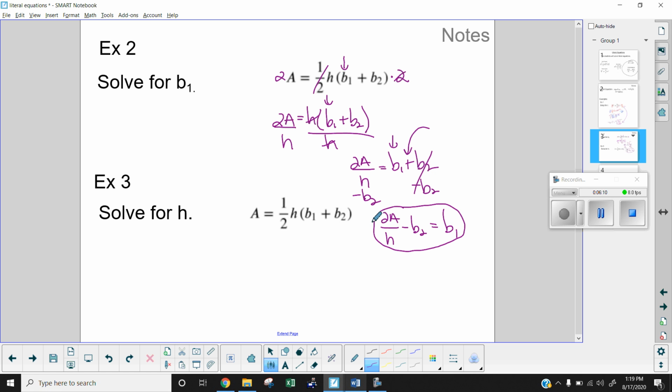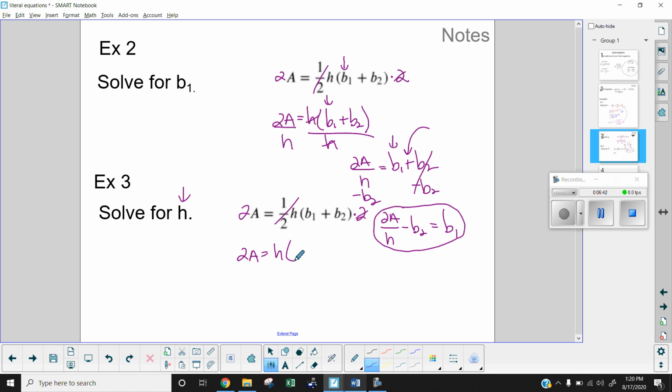Now, in the second example, where it says solve for h, it means I'm going to have to get rid of the b1 and the b2. I think of that as one thing intuitively because it's grouped together as a quantity, and I'm getting rid of both of them. And I have to get rid of the 1/2. So I will get rid of the 1/2 by multiplying by 2, which is a nice first step to clear out the fraction.